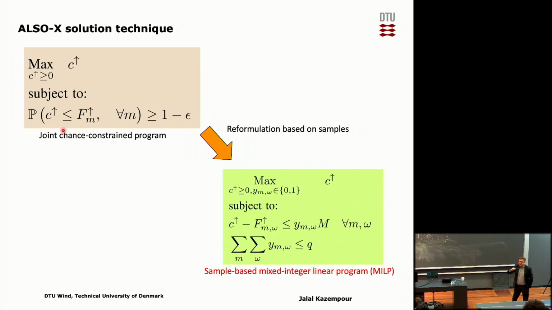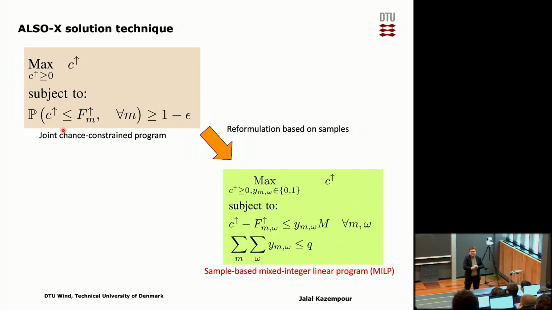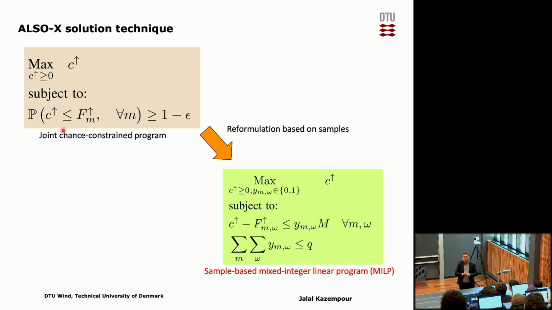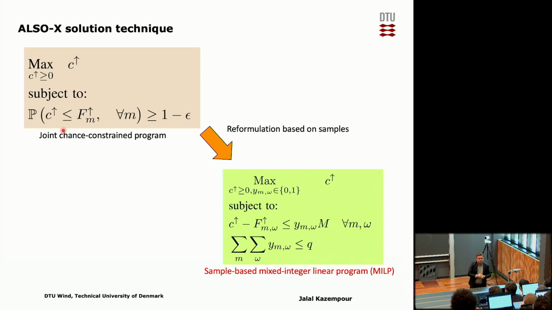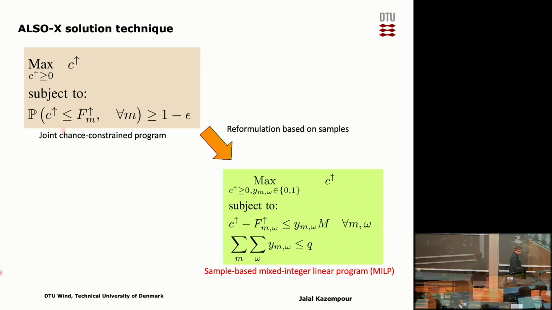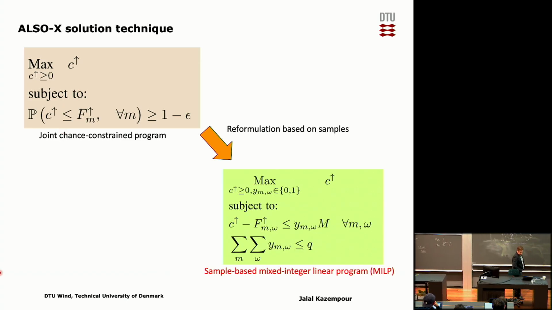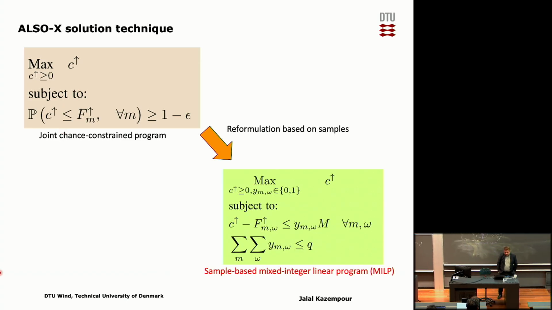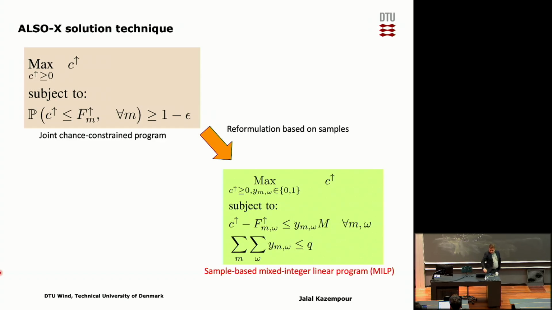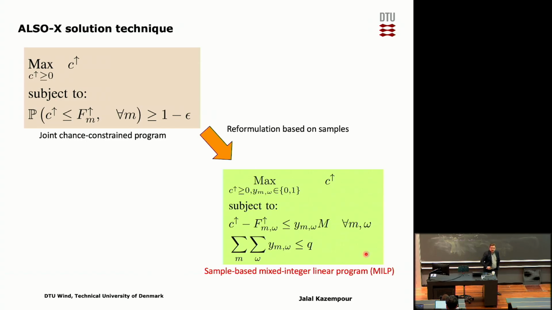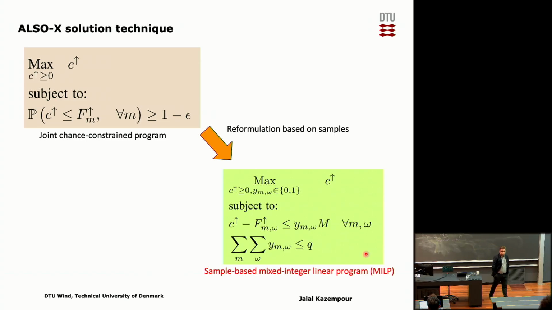Please look at it for a minute and try to justify if they are, I'm not saying identical, it's the reformulation. And by the way, M is a big value. Think of 10,000. So here M is a big value, like 10,000. It's called big M.